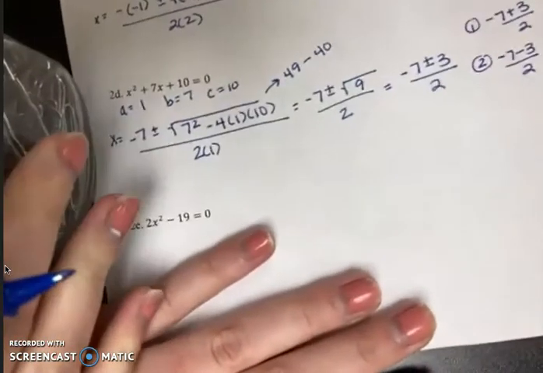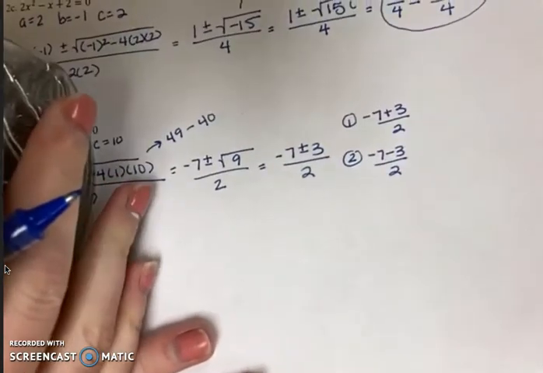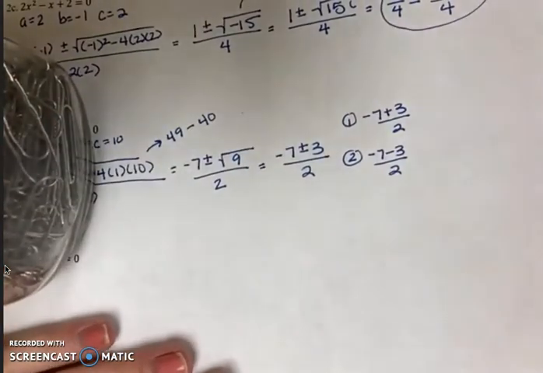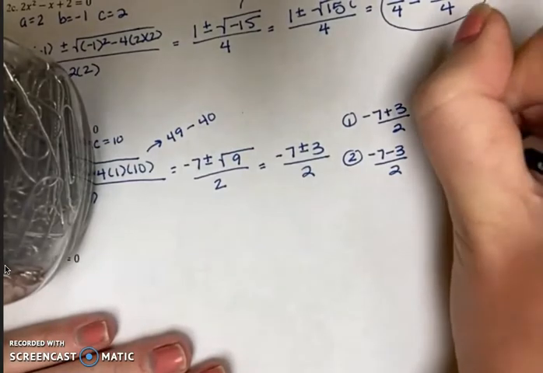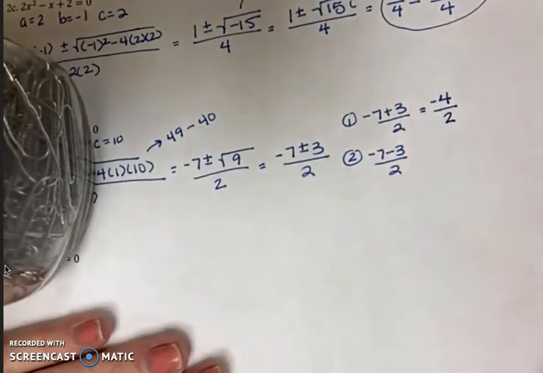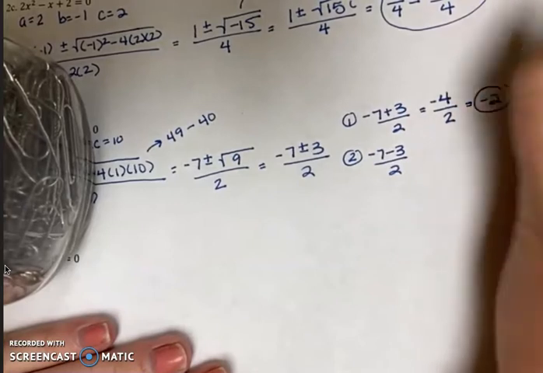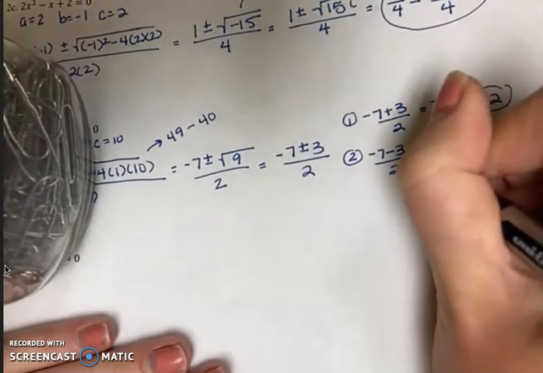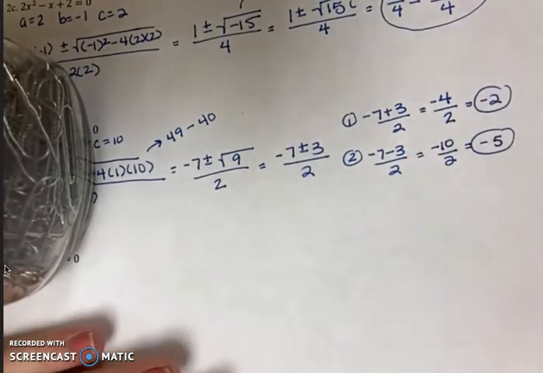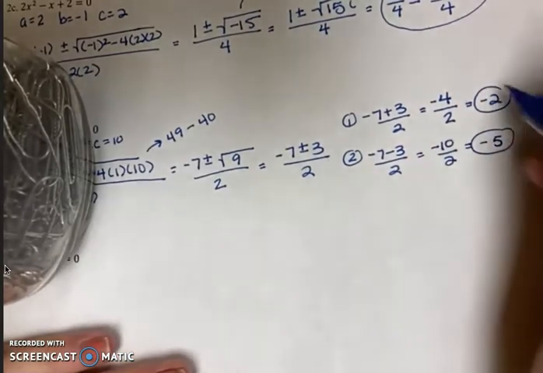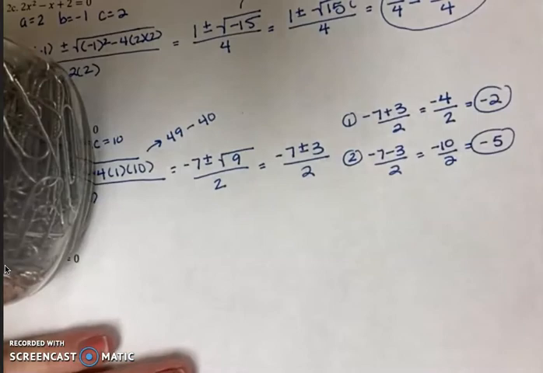We are able to simplify further by combining like terms, because all of these are whole numbers. So I have a negative 4 over 2, which is negative 2. And I also have a negative 10 over 2, which is a negative 5. So I have 2 real solutions.